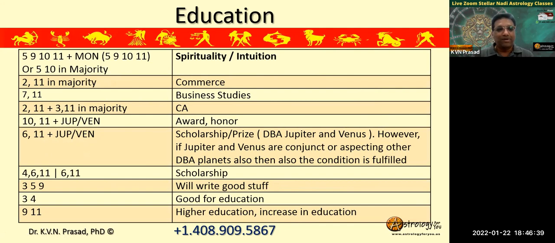And then if somebody has 211 and plus 311 in majority, then that person can become CA, CA in India or CPA in US. Okay.